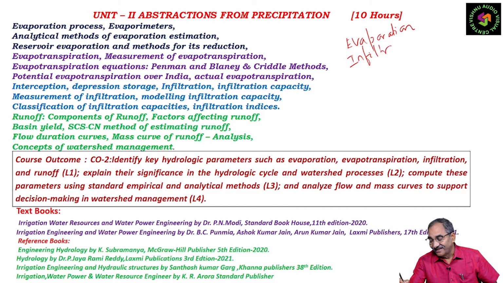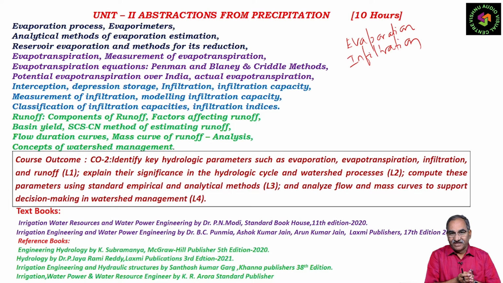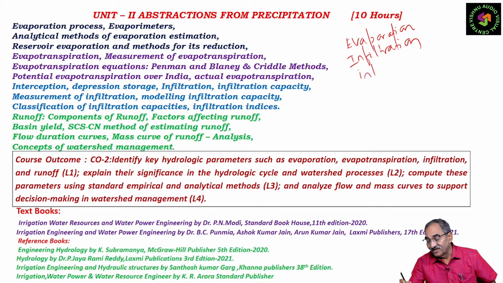This we study in the second unit. Then some part of precipitation naturally will be obstructed by buildings, by vegetation and all those things. That is what we call interception storage.